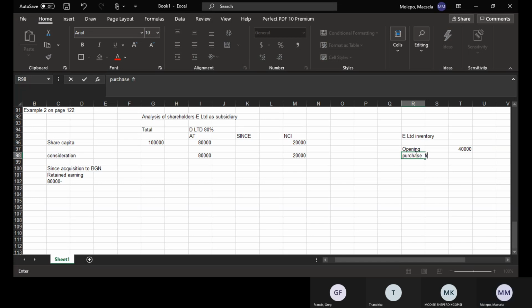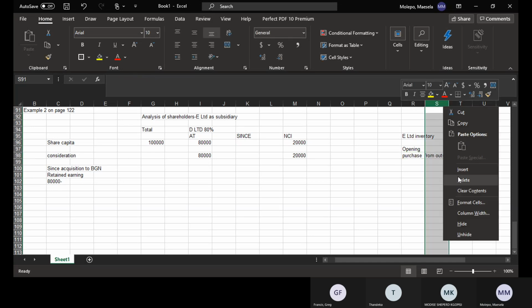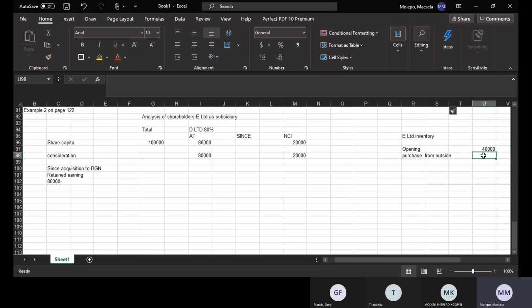It will come as a balancing figure because we don't know how much was sold. We don't know it yet.